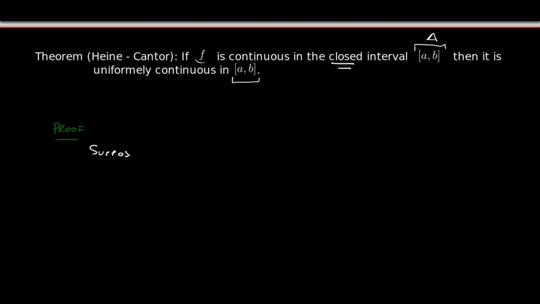So suppose that f is not uniformly continuous, then we have the definition for when f was not uniformly continuous.